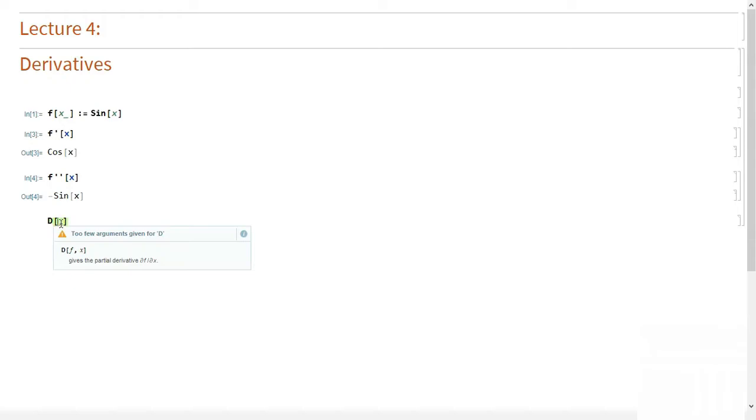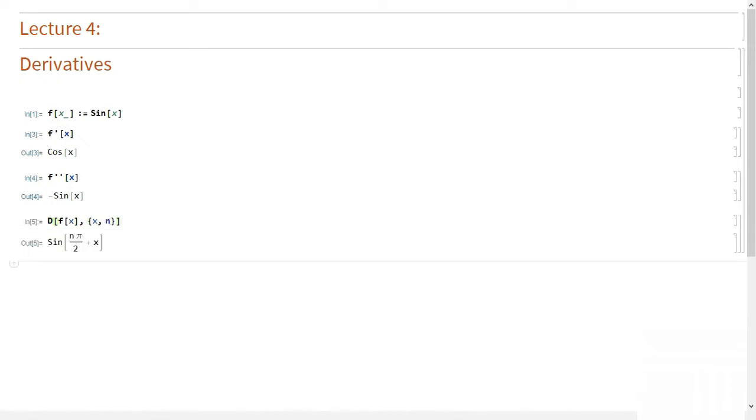So let's say I want to take the nth derivative of this function, that is the sine function. So I'll just go around here, I'll type f of x. Now instead of just x, since I want to take the nth derivative, first I'll put x, I'll put a comma and n.